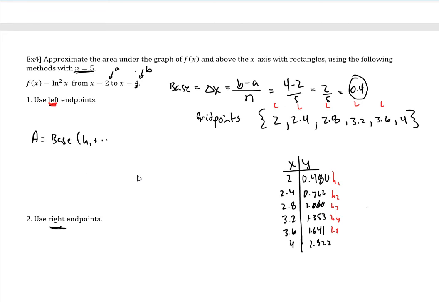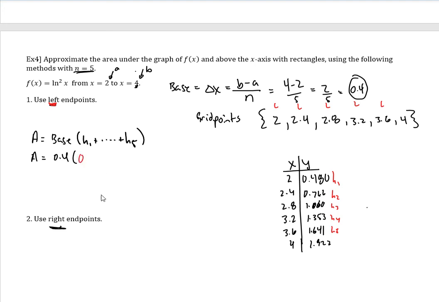I'm going to do it like that to abbreviate, so H1 plus all the way to H5. And then let's plug them in. So we have the area is the base, which we found is 0.4, times the 5 heights. Now I'll color code them in red.